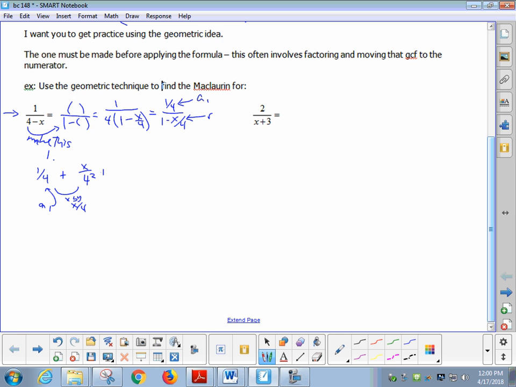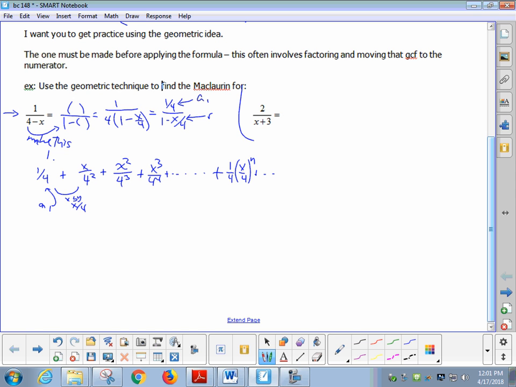And if I multiply by x over 4 again, I get x squared over 4 cubed, and x cubed over 4 to the 4th, and so on until let's talk general. Now you could look at the pattern and build it that way, or you could say, what did I do each time? Well, I started at 1/4 and multiplied it by x over 4 some number of times. All right then.